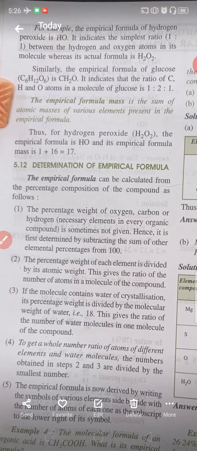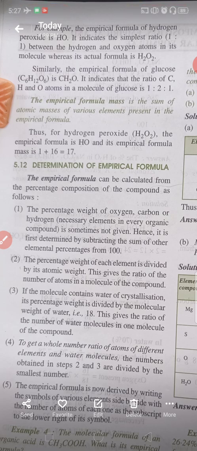The empirical formula mass is the sum of the atomic masses of the various elements present in the empirical formula. So children, for hydrogen peroxide H2O2, the empirical formula is HO, and its empirical formula weight will be 1 for the hydrogen atom plus 16 for the oxygen atom, which makes 17. So 17 is the empirical formula weight.